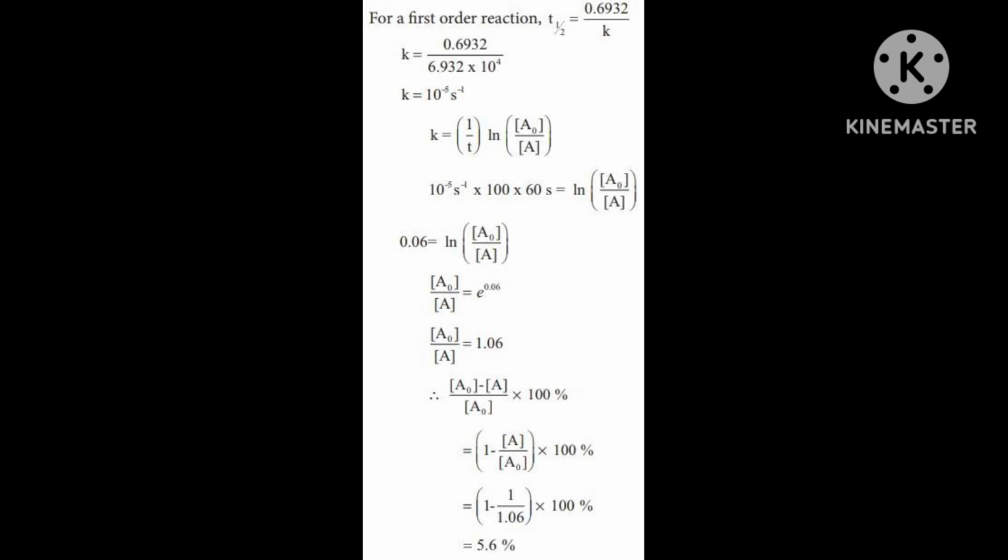Then the Pt value you have to put here, the total pressure at 100 seconds, that value is given in the question, 0.512. After putting this value, what will be the value of N2O5? 1.5 minus 2 into 0.512, then you will get 0.476 atm. That is for N2O5.